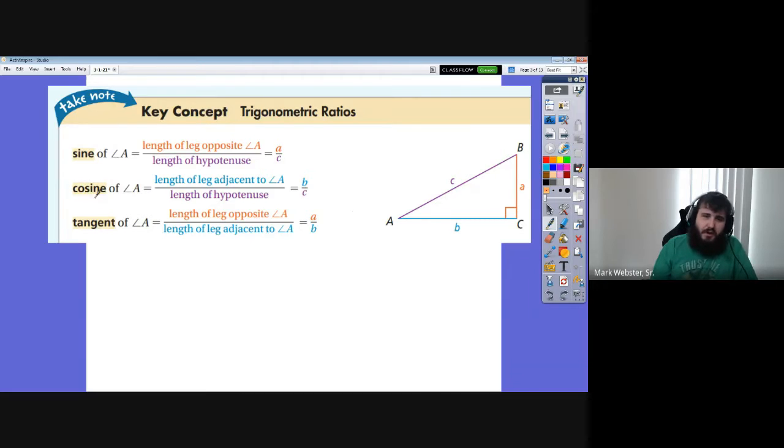For the cosine, we base it off of the adjacent side, the one that's actually on the angle as one of the arms, and the hypotenuse side. And then the tangent of an angle is created by the opposite side divided by the adjacent side. All right?